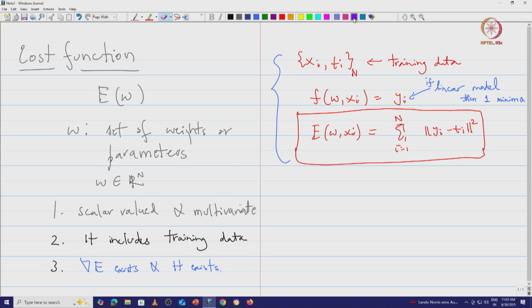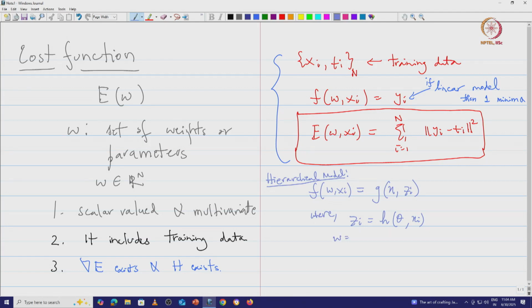What does it look like? f of omega comma xi could actually look like some function g of eta, where eta is again parameters, comma zi, where zi is actually coming from a different model, which is h of theta comma xi. So this is like 2 levels of hierarchy.